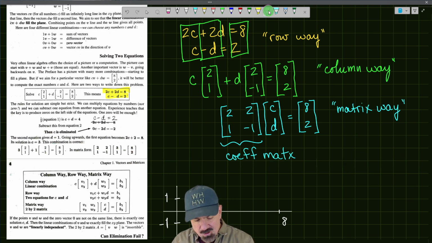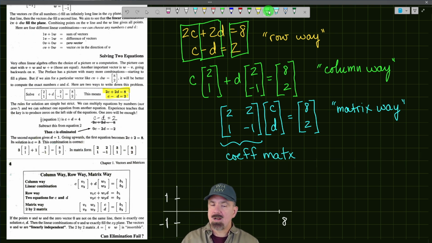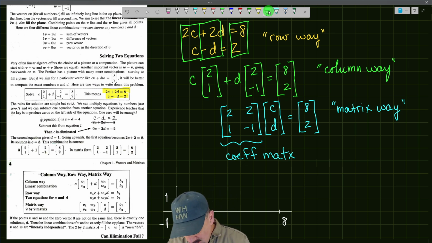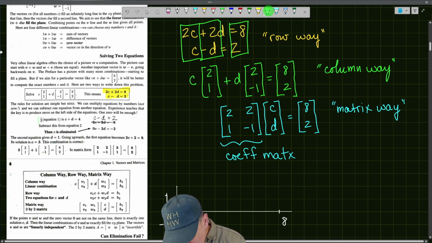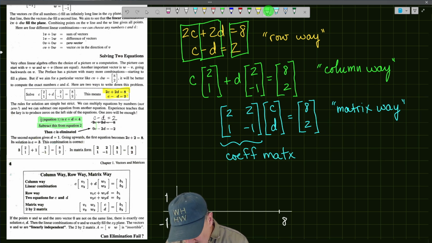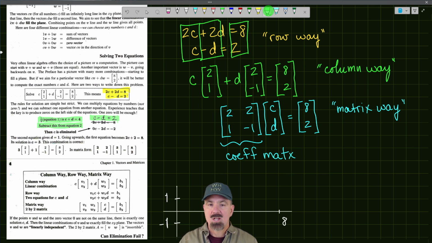You'll see, and I'll try to point out as many of the typos, right? All textbooks have typos. Strang's textbook is no different. This is just the reality of it. What we have is a little bit of a typo here. Strang says that he's going to take 1/2 of equation 1, which he does, and then subtract that from equation 2. But when he does that, he actually writes down equation 1 again.